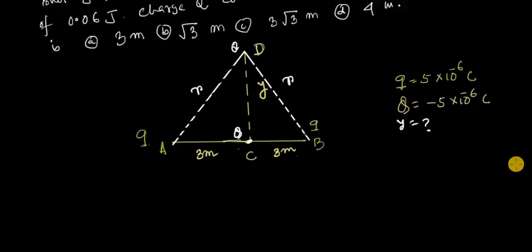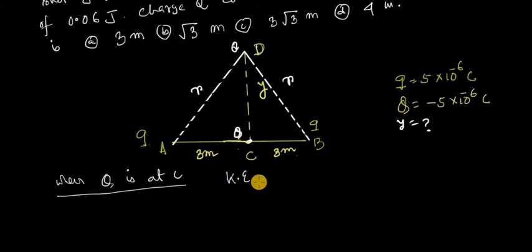In the initial configuration, capital Q is at C, and the kinetic energy of capital Q at C is 0.06 joule. This is given. With that much kinetic energy, capital Q is fired from C.